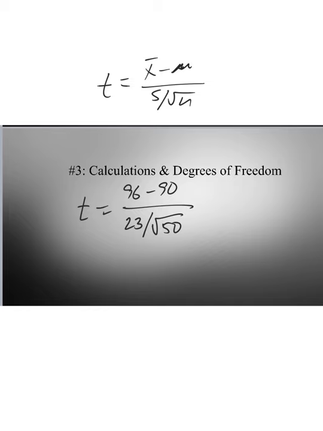Now, I'm going to make one little edit to this. This is oftentimes written like this, where I would say this is a T with 49 degrees of freedom. You'll see this every once in a while in parentheses like that. This is the degrees of freedom. It's just telling us what T curve we're going to use.